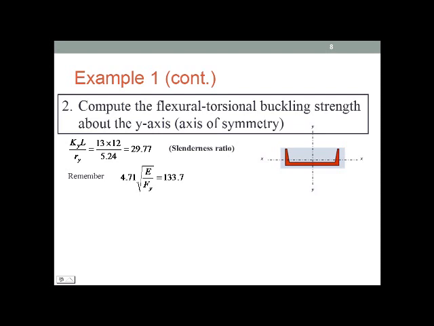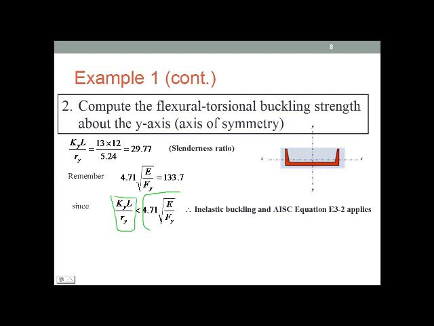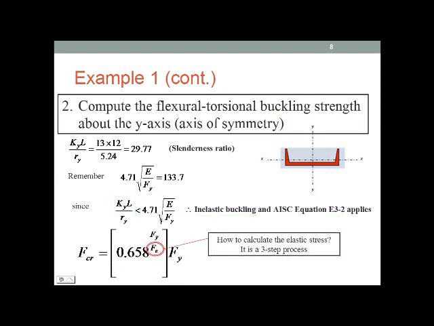Remember, the limiting value 4.71 multiplied by the square root of E over Fy is 133.7. Since the slenderness ratio is less than the limiting value, then we have inelastic buckling, and AISC equation E3-2 applies to our solution.